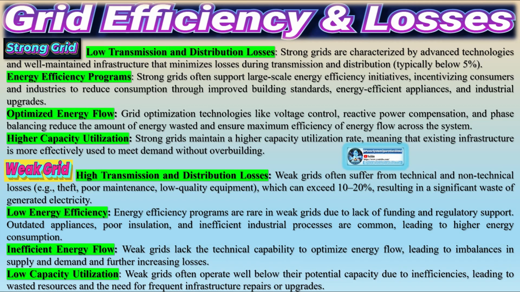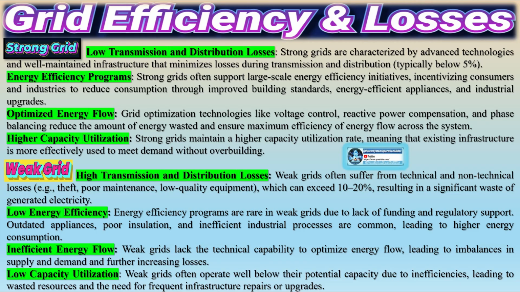Weak grids often suffer from technical and non-technical losses, e.g. theft, poor maintenance, low-quality equipment, which can exceed 10 to 20%, resulting in a significant waste of generated electricity. Energy efficiency programs are rare in weak grids due to lack of funding and regulatory support.